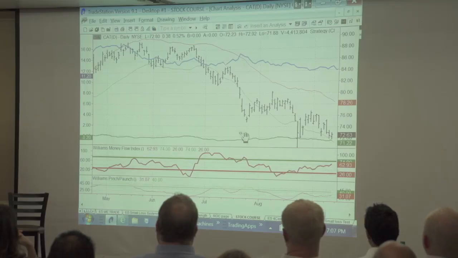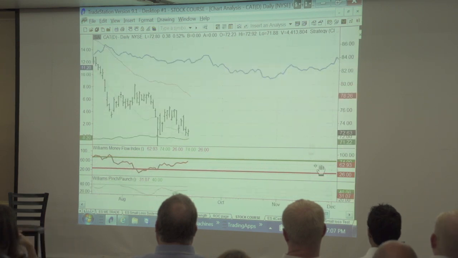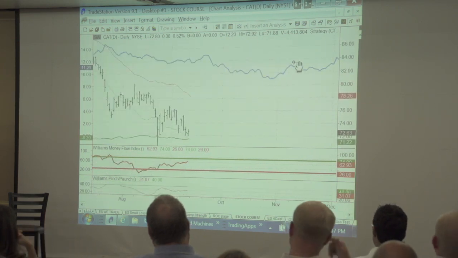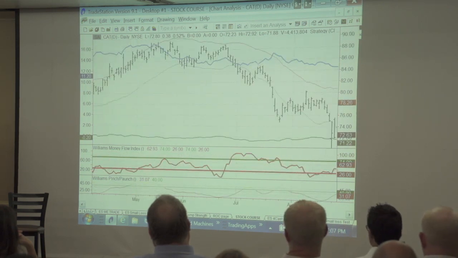Yeah. So what I like to do is find a stock that is coming into a seasonal low and closes below a Keltner band for my entry point in the market.